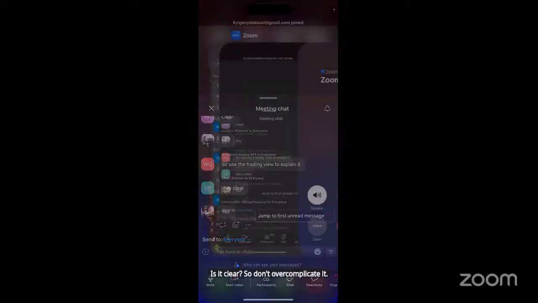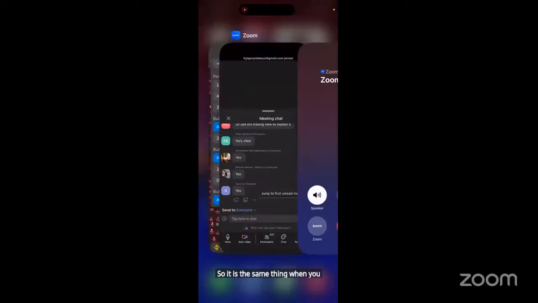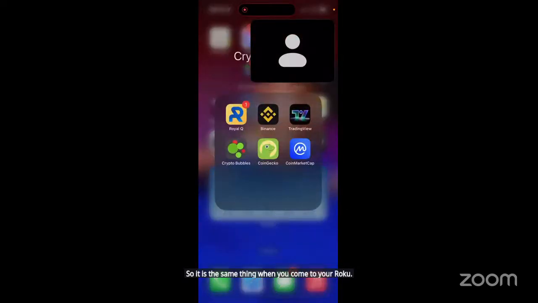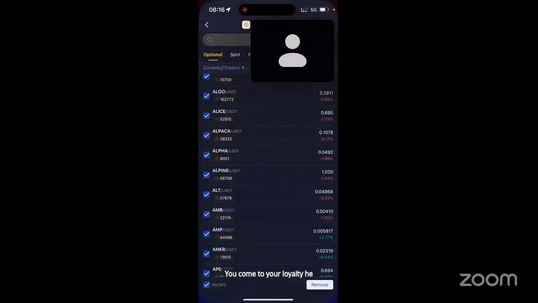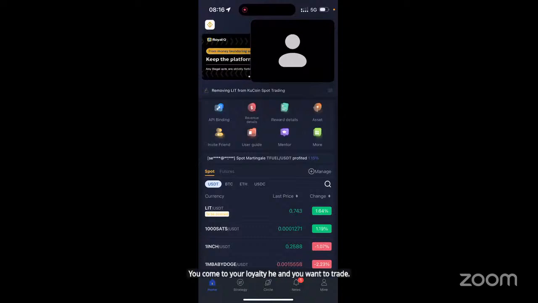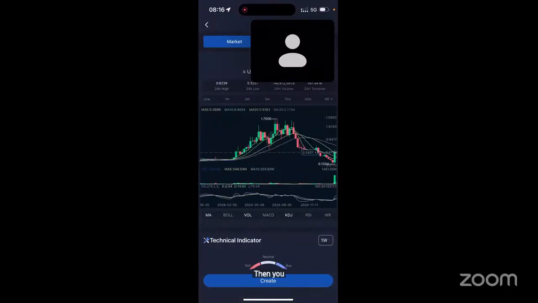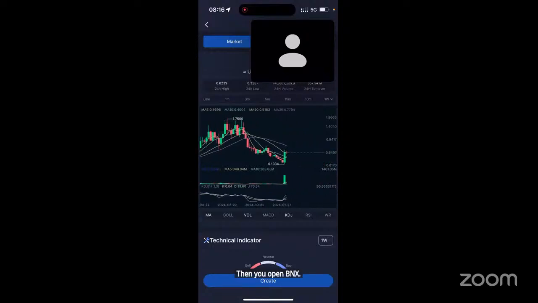It is the same thing when you come to your royal queue. You come to your royal queue here and you want to trade. Then you open BNX. Step number 1. Let me remove all the things here.